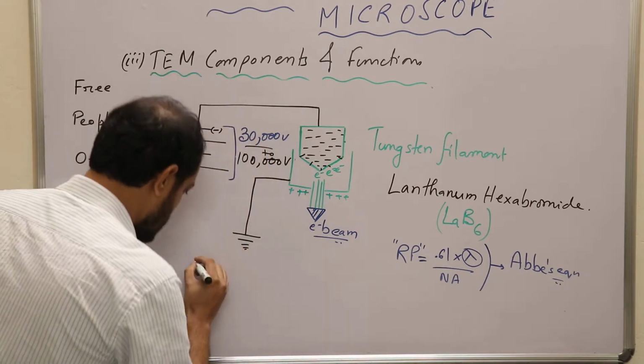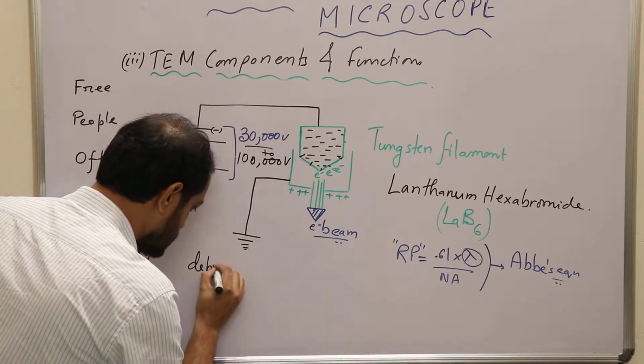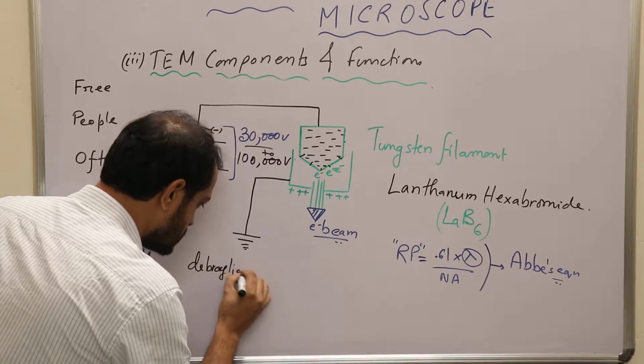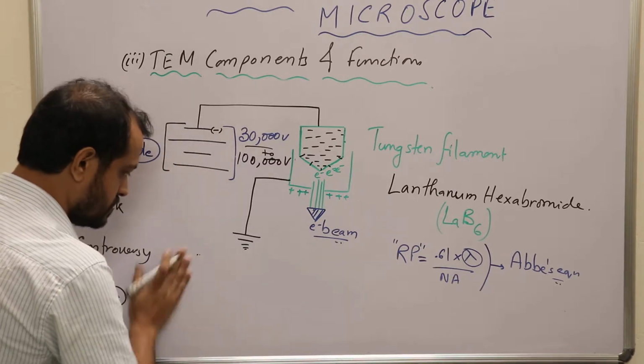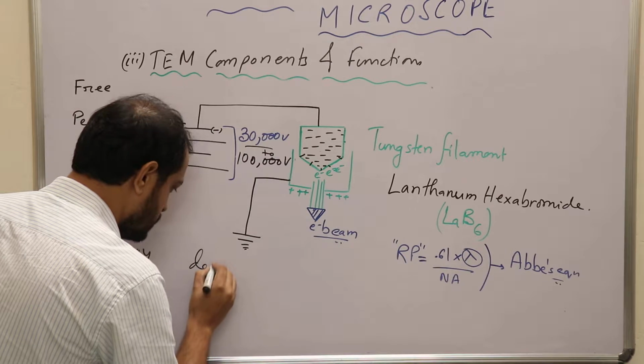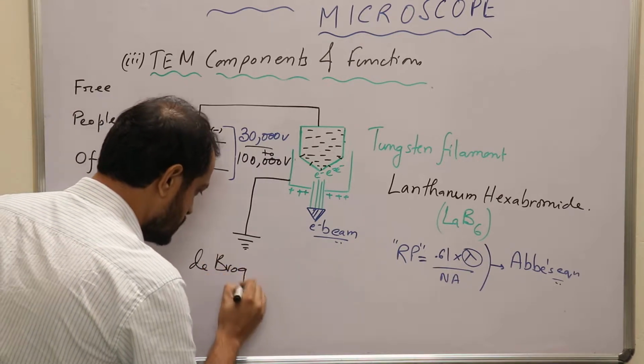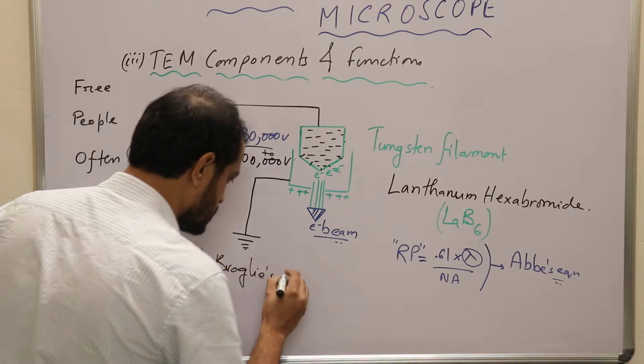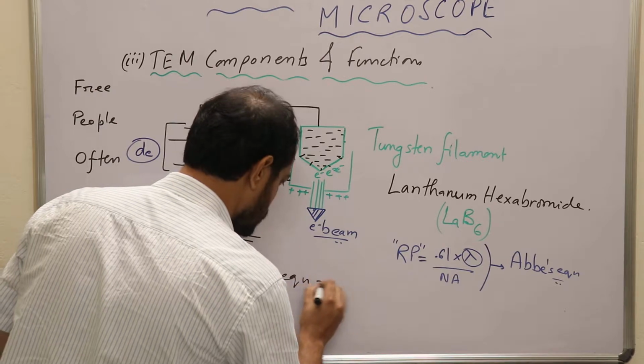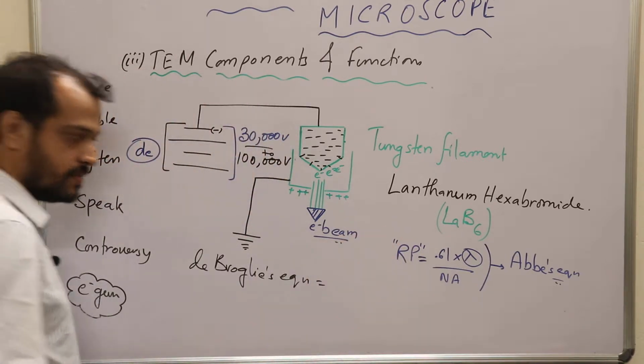Suppose I tell you this is de Broglie's equation, will you be able to find out the wavelength? Suppose I tell you this is de Broglie's equation using which we can find out the lambda.